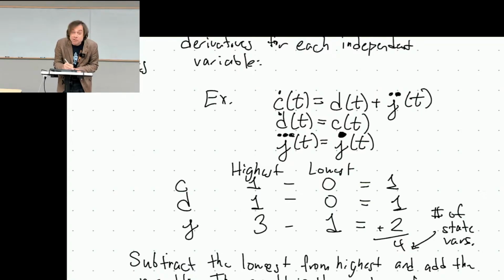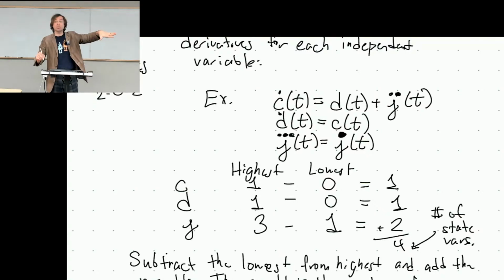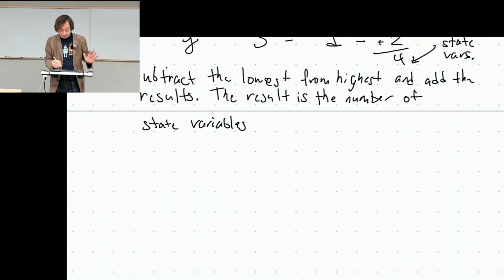What's the highest? It's 2, right? Lowest is 0. It's 2 state variables, position and velocity. Well, let's get into why it's position and velocity, not velocity and acceleration, or at least the procedure that'll give it to you. Because this can trip people up, especially when you have things like PID controllers involved.